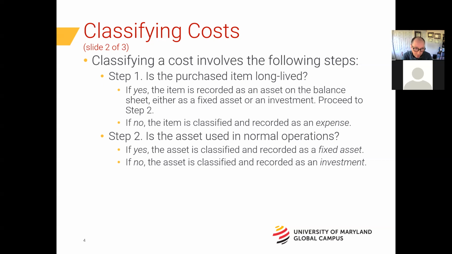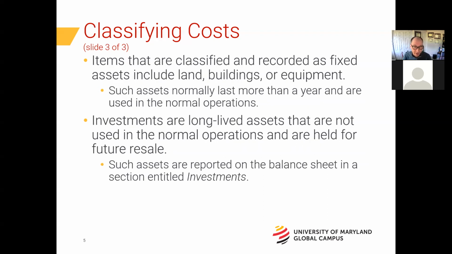And then step two, as we're classifying the costs, is: is the asset used in normal operations? If yes, it's a fixed asset. If no, it's an investment. I mean, really, you could probably combine steps 1 and 2. It's pretty straightforward.